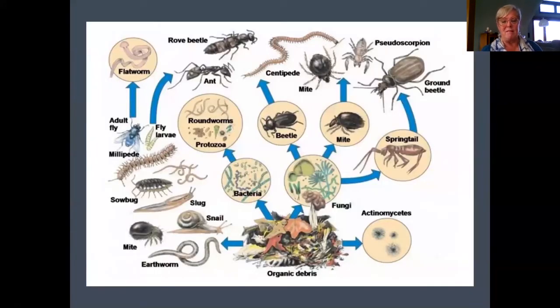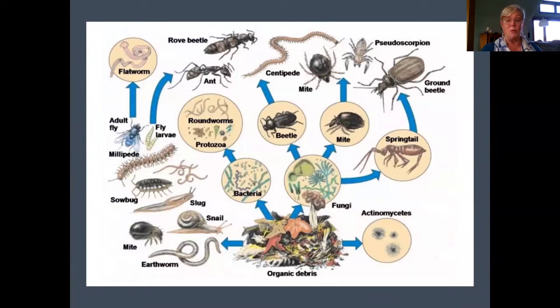So you can see in some of these images, this is a great example of just a leaf litter pile, what kind of organisms are there. And they're not all microorganisms. These are more or less referred to as macroorganisms, but these organisms feed on the microorganisms in that organic matter.